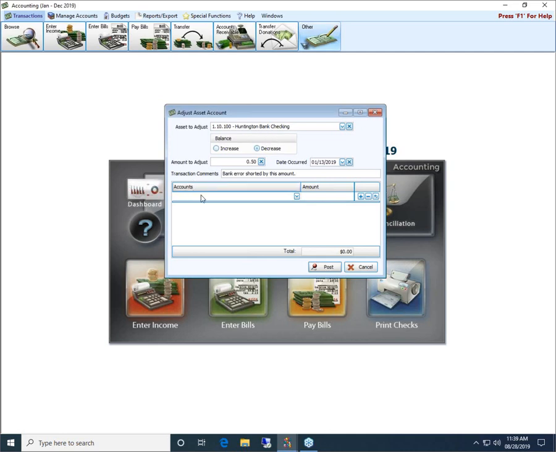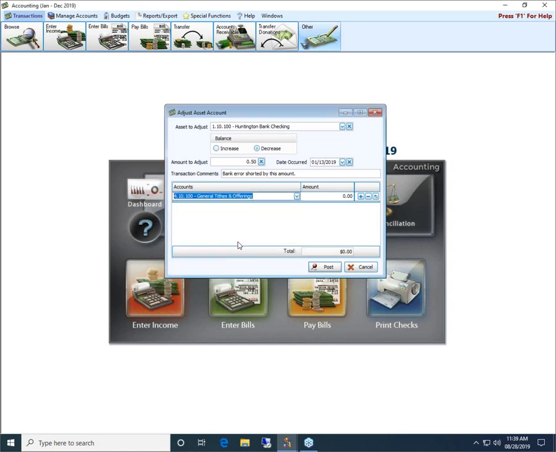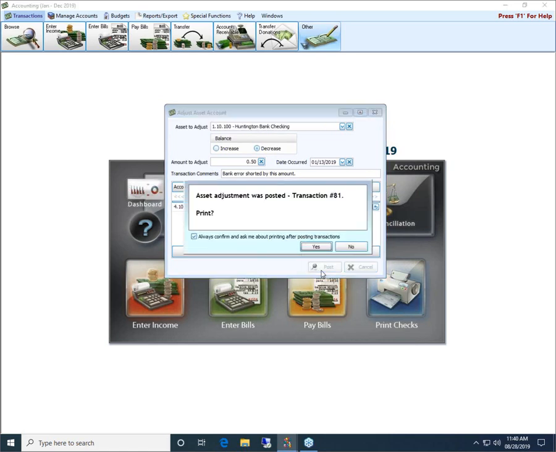And then here, in this case, we would want to also reduce our income account that was credited for that, because our treasurer's report essentially is overstated. So we would choose our general tithes and offerings. We would put in the same amount, in this case 50 cents, and we would post. Okay? It says, do we want to print?